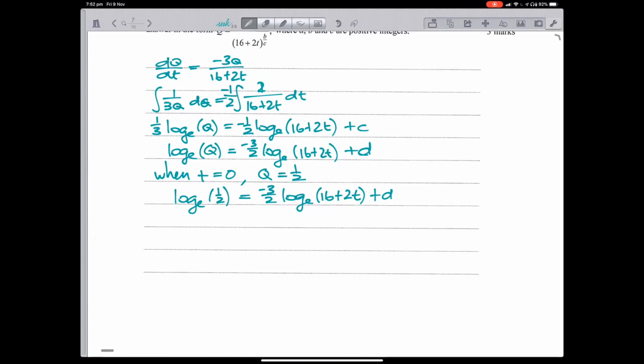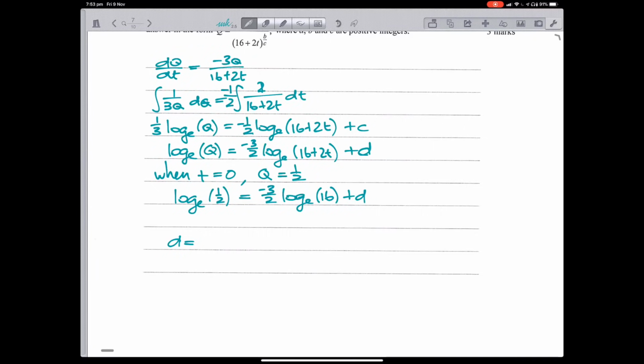Okay, so that's 2 to the negative 1. So we know, I forgot that, because that's 0. So I get 16 plus d. Of course, we know that's log e 4. No, let's fix it up.